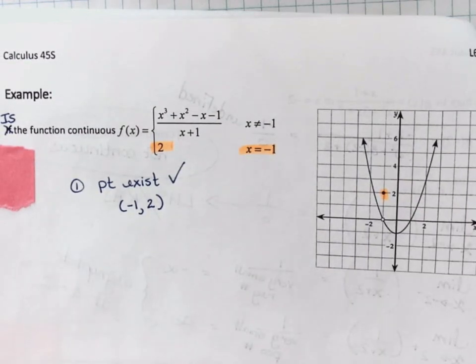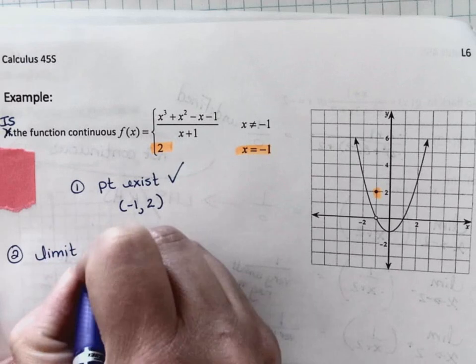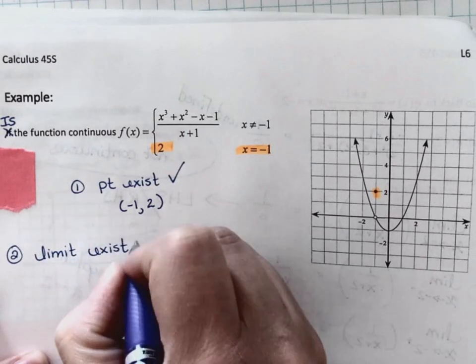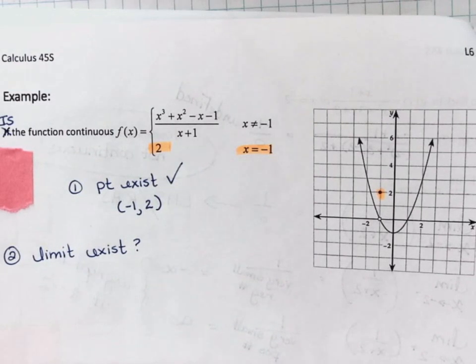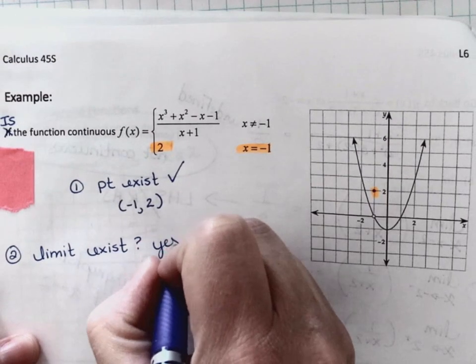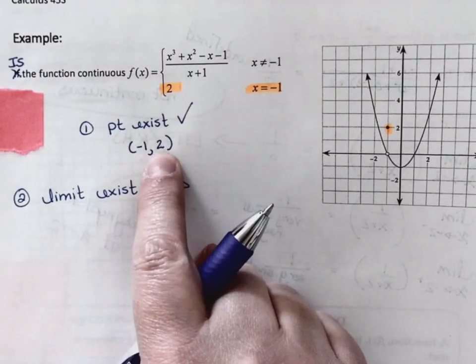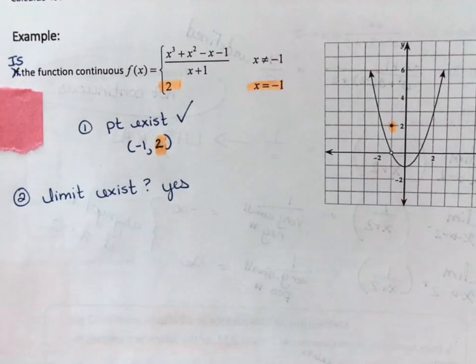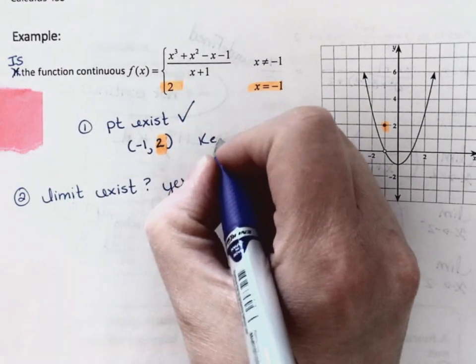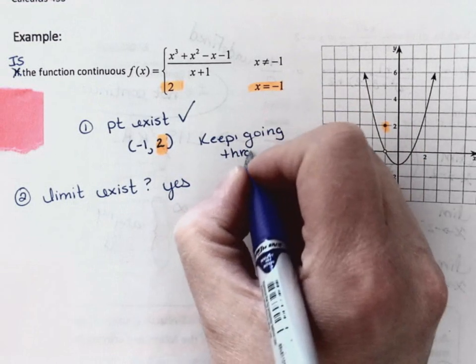Okay, step 2, we have to ask if the limit exists. Does the limit exist at -1? Yes, it does. Because we said that if it got to a number, we had to keep going, and this one has a number here. That tells us to keep going through the list.